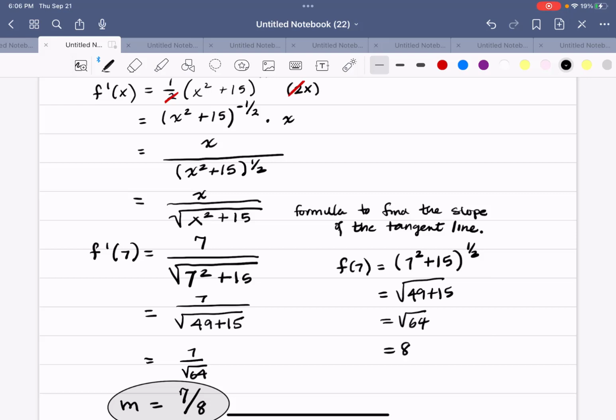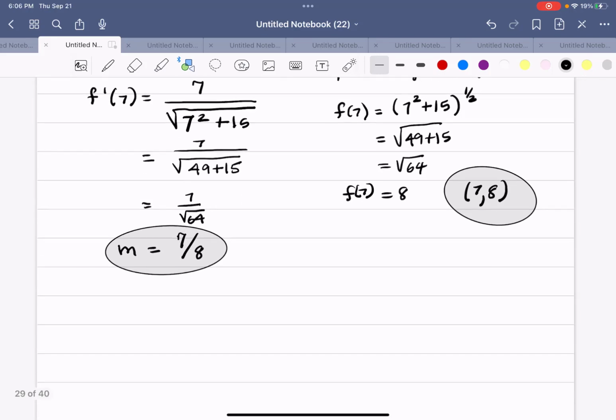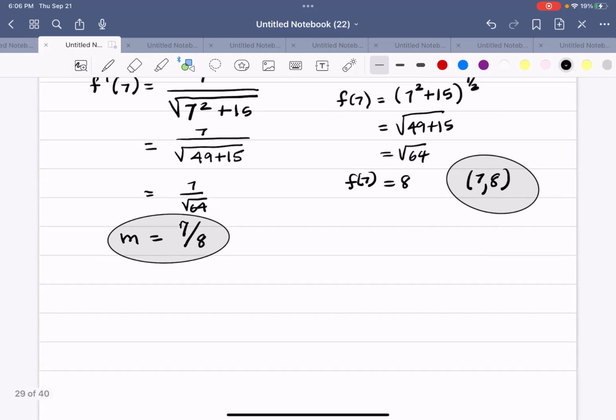And so my point that I'm going to use, since f of 7 is 8, is the point 7, 8. So now I have to write an equation of the line with a slope of 7/8 that goes through the point 7, 8.